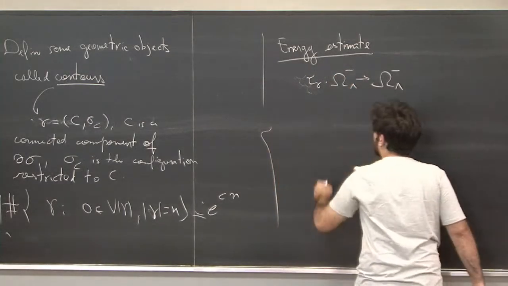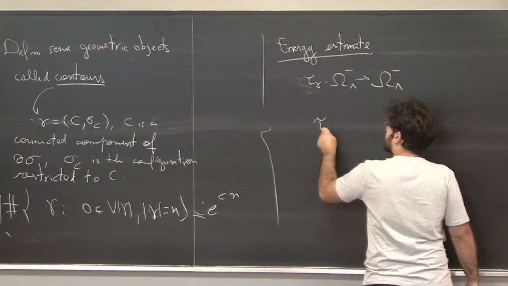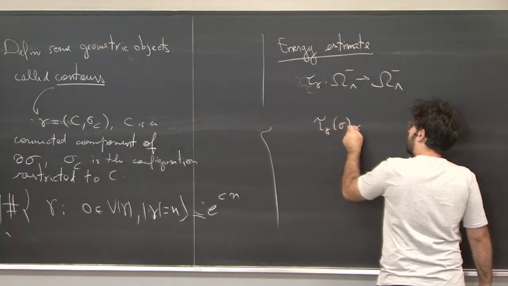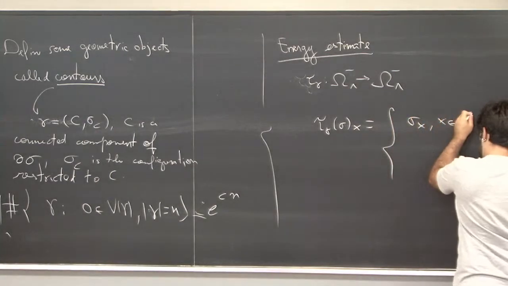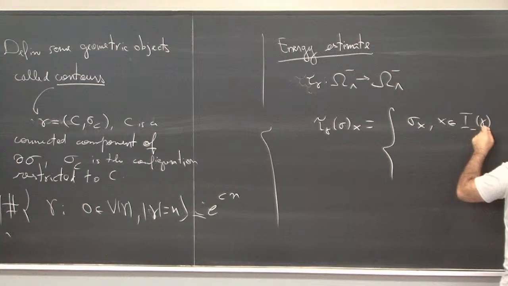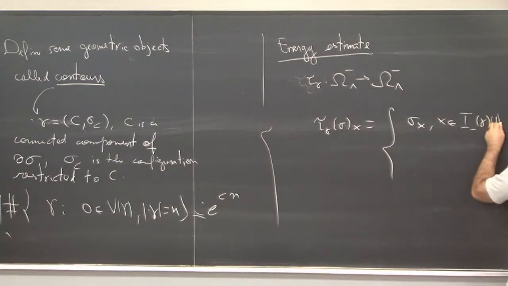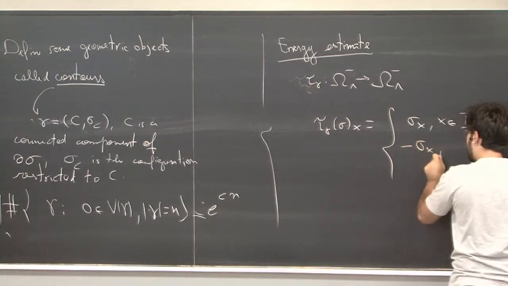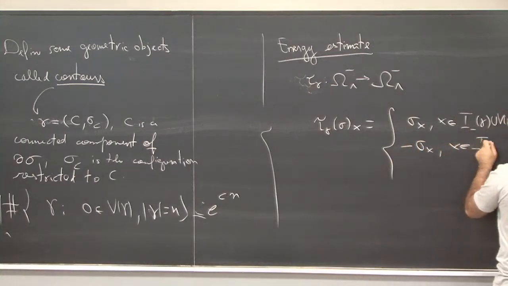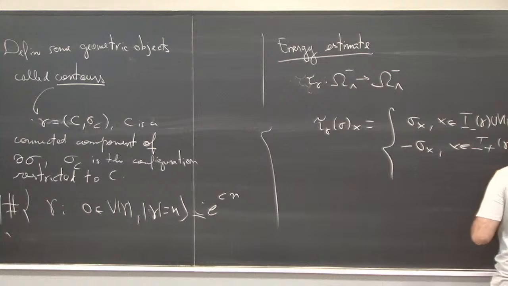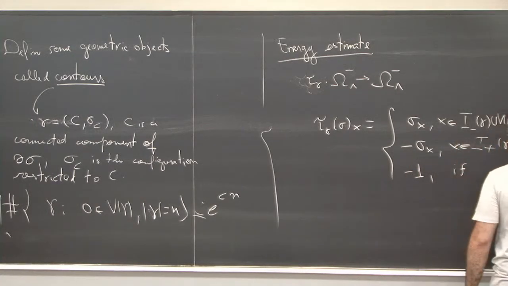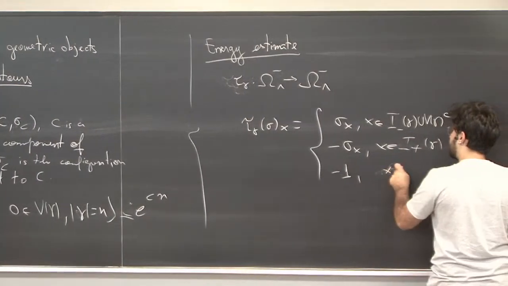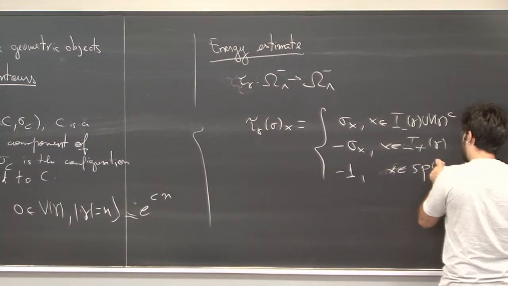What this does is give me sigma_x if x is outside the volume of gamma, minus sigma_x if x is inside the interior plus of gamma, and minus 1 if x is in the support of the contour.